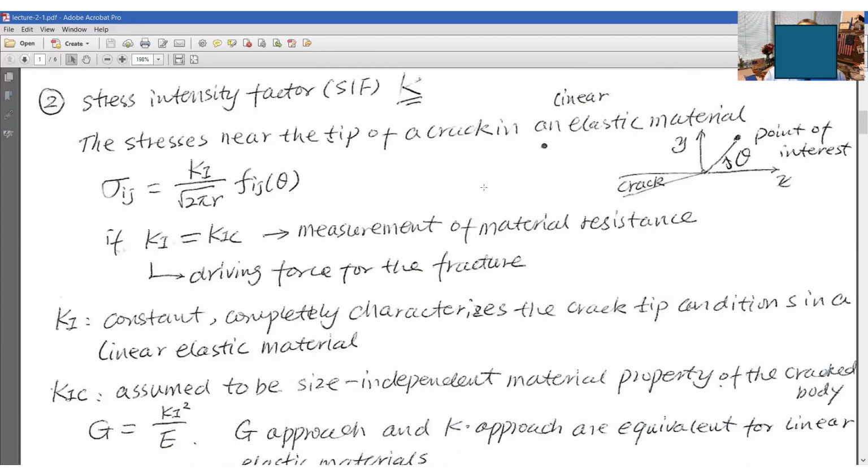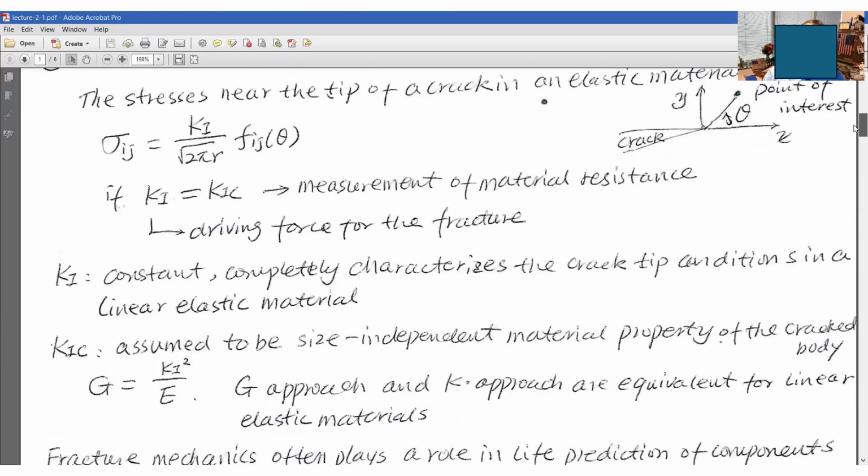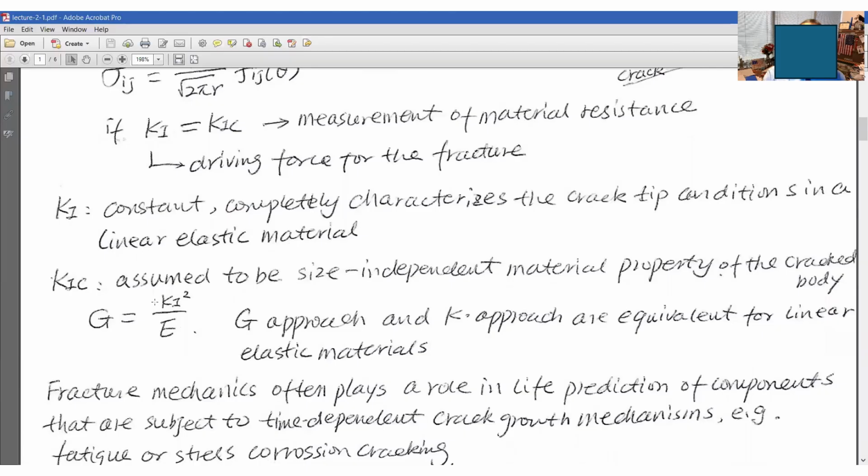And actually, between this G and Ki, there is an equation which beautifully connects them together: G equals Ki squared over E. You should also know that this equation only holds for a linear elastic material.